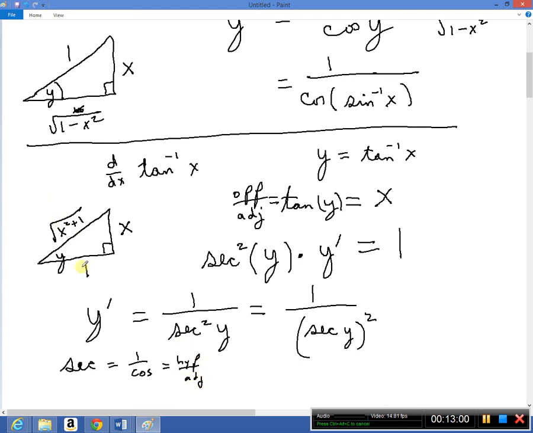And so hypotenuse over adjacent would be square root of x squared plus 1, divided by 1. That's easy. So secant is just going to be square root of x squared plus 1. And then that thing is squared, so guess what? It's actually not too bad. 1 over x squared plus 1. Or, if you prefer, 1 over 1 plus x squared. Same thing, obviously.